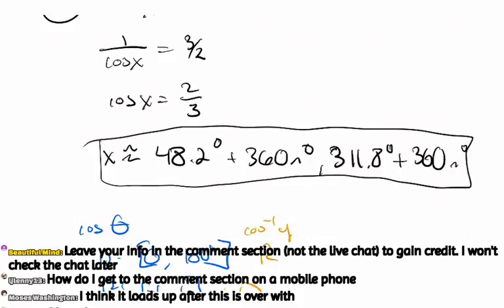So now it's going to be in radians. And then we wanted to say plus 2 pi, I'm going to say times 11 just to throw that in there.